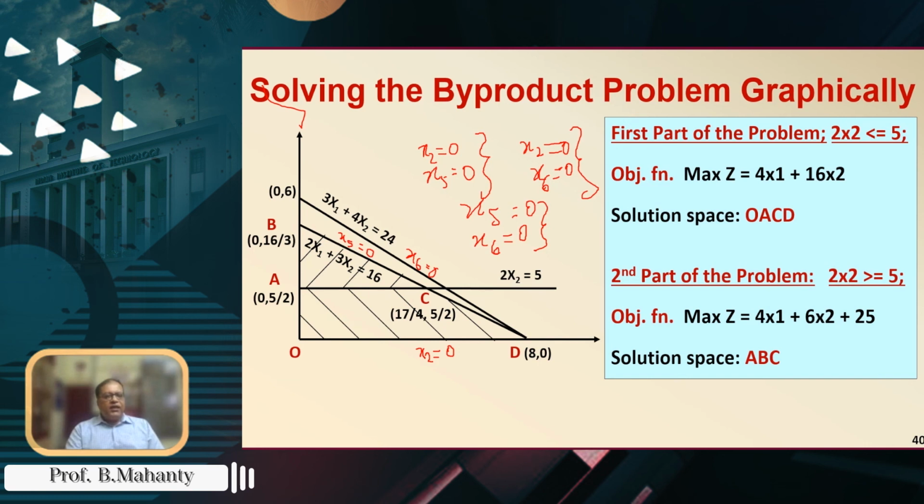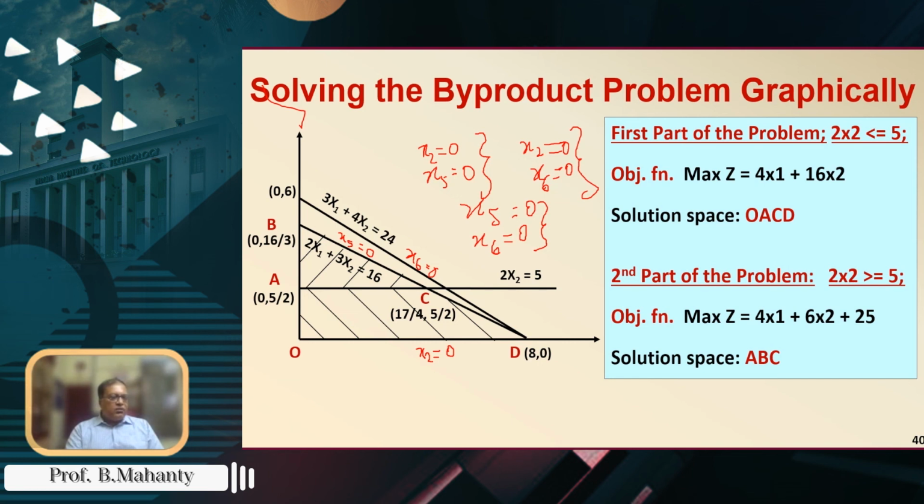Another very interesting thing you observe is in the second part, where the objective function is 4x1 plus 6x2 plus 25. In the upper portion, when 2x2 is greater than or equal to 5, the objective 4x1 plus 6x2 is actually parallel to 2x1 plus 3x2.